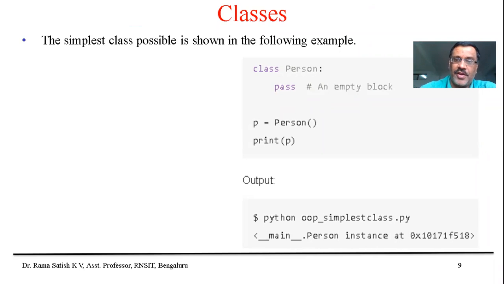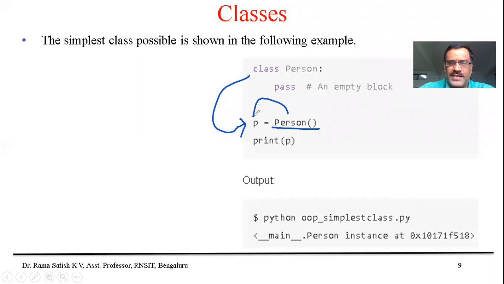Then you create an object: P is equal to Person open bracket close bracket. From the class Person, an object is created. The object is P.